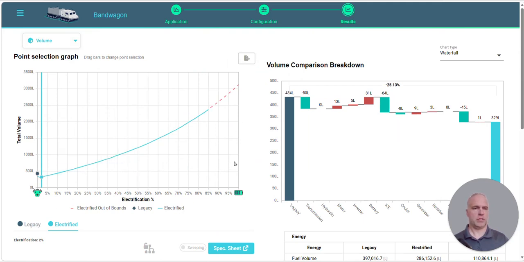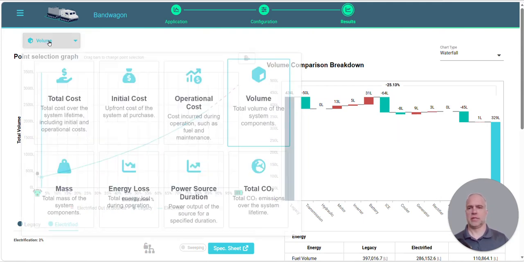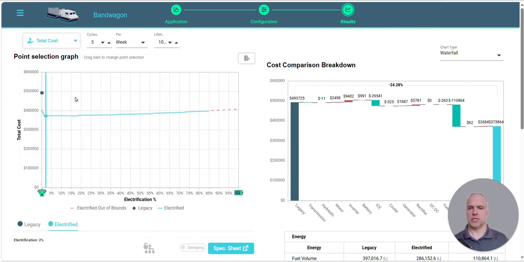Volume, similar story to mass. Cost, using the cost numbers that I put in. Actually, this hybrid has the lower overall operating cost given these TCO values, 5 times a week for 10 years.